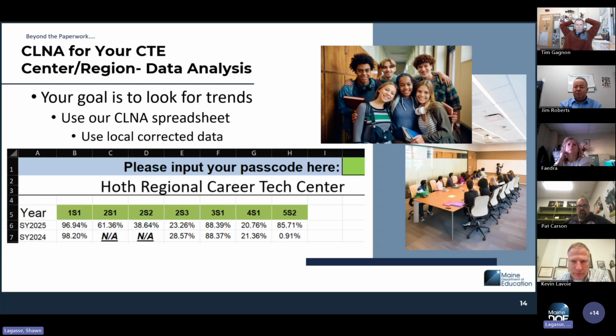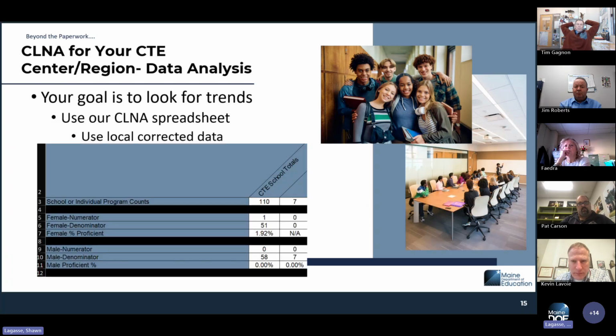So in this case, I got questioned on it. I said, yep, we'll take a peek at it. So when we looked at the data, when we start breaking it down, and just as a snapshot, you can see in this example here, they had 110 kids that met the definition for this example. And I'm only seeing 1 female student and 0 male students.